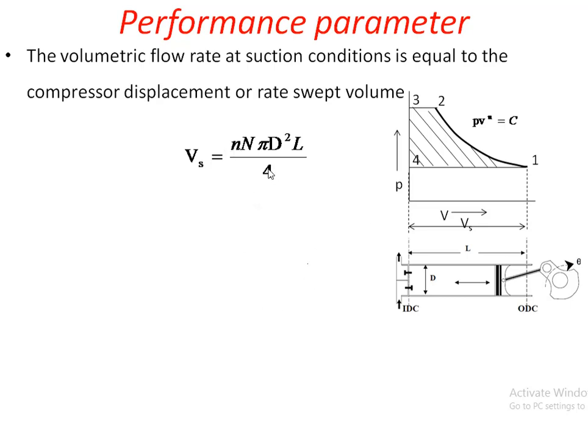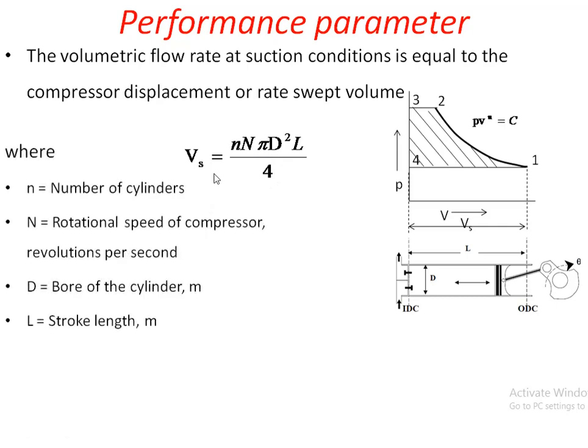Suppose N is the rotational speed of the crankshaft in RPM, and if there are n cylinders, then the swept volume will be equal to n into N into pi d square into L divided by 4.